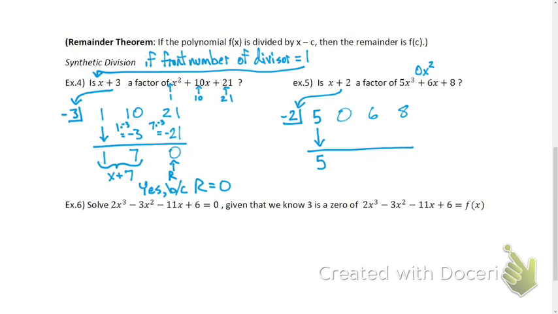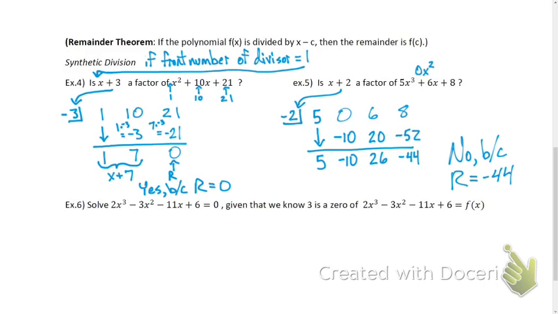I go 5 times -2. I go -10 times -2. 26 times -2. And I got it. This one's a no because the remainder is -44.